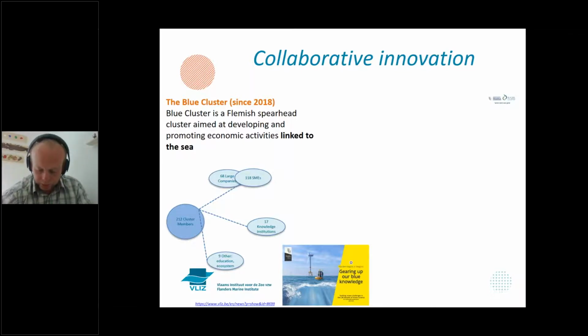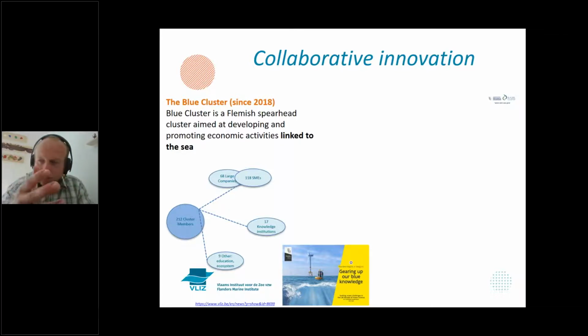So the Flanders Marine Institute was one of the driving forces, together with other actors, to initiate this cluster, and this cluster has now been established since 2018, and the aim of this Flemish Spearhead Cluster is to develop and to promote economic activities linked to the sea.